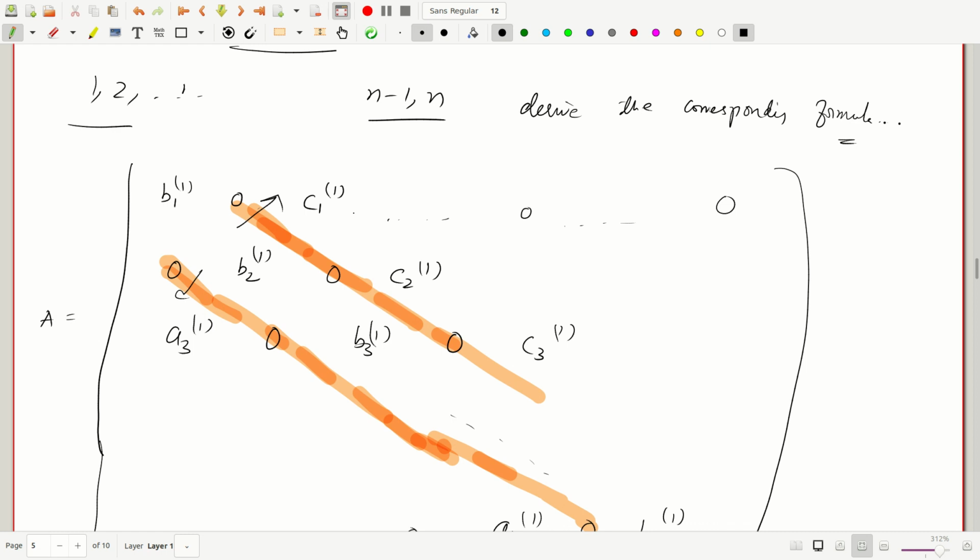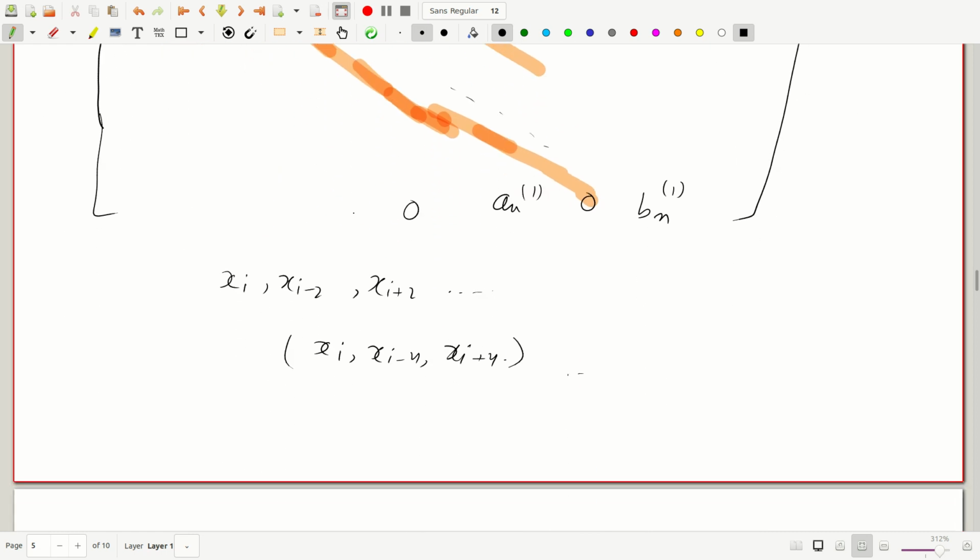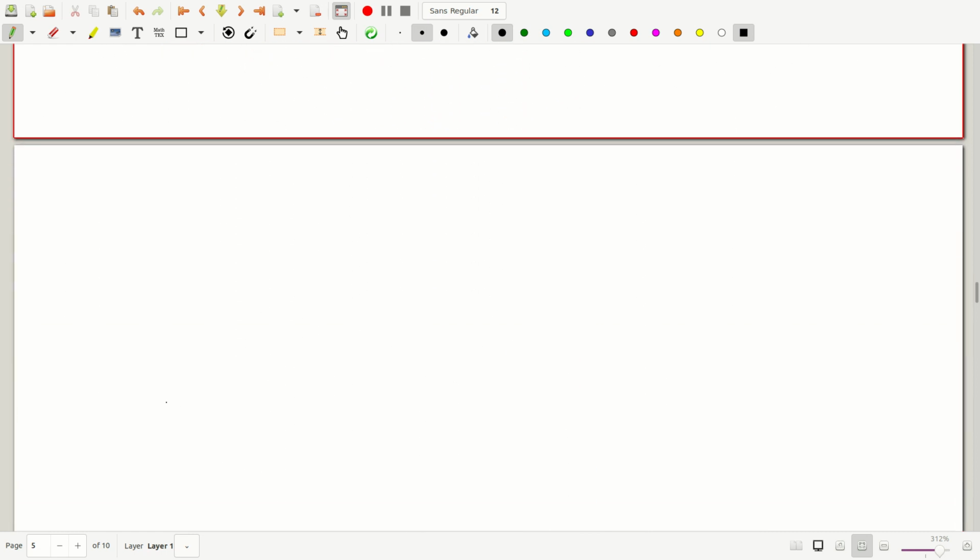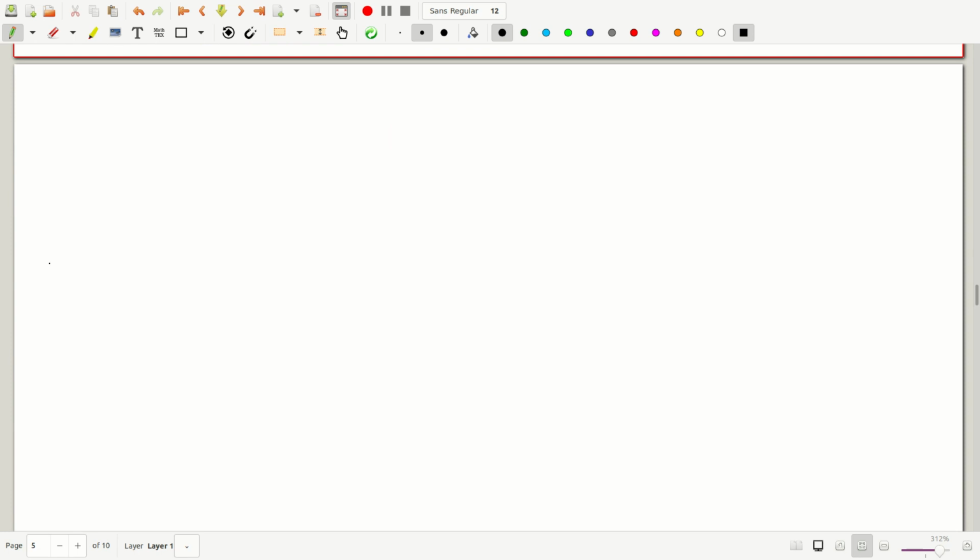What you end up with is an equation for i that contains xi minus 4 and xi plus 4. If you do that, you get another matrix, the next iteration matrix, which I would like to write as A2. A2 would look something like this.